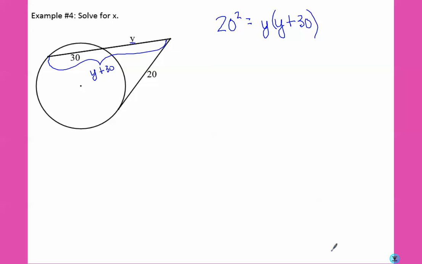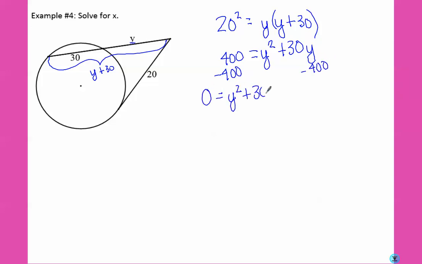All right, so we're going to distribute the y. So I'd have y squared plus 30y. 20 squared is 400. We need our equation equal to 0. So 0 equals y squared plus 30y. The 400 doesn't combine with any other like terms, so we're going to put that on the end.